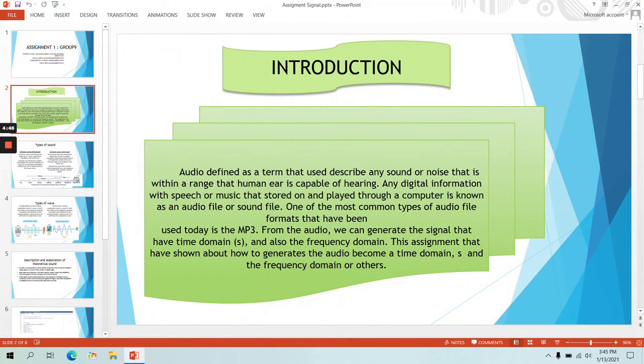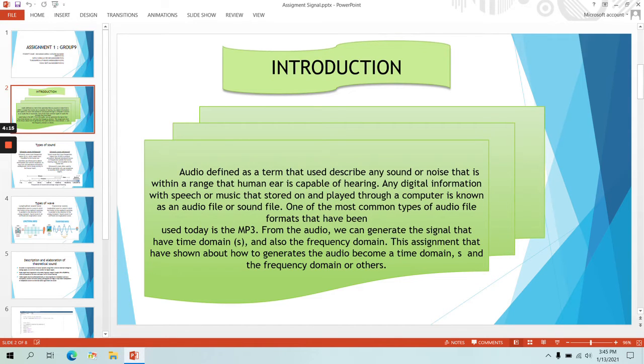Okay, some introductions. Audio is defined as a term used to describe any sound or noise within a range that the human ear is capable of hearing. Any digital information with speech or music that is stored on and played through a computer is known as an audio file or sound file.